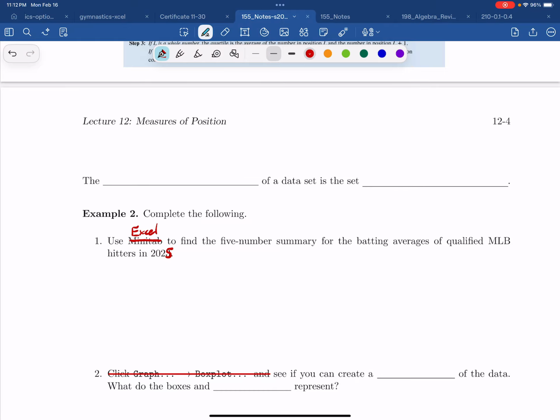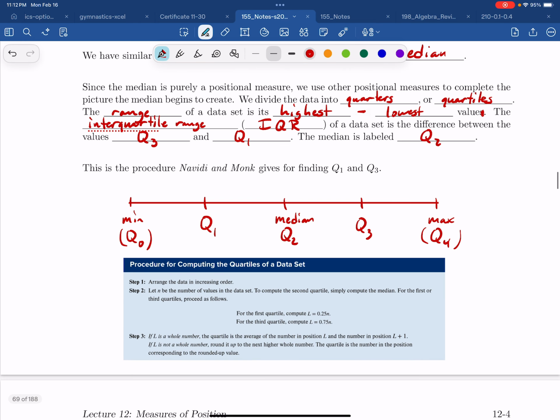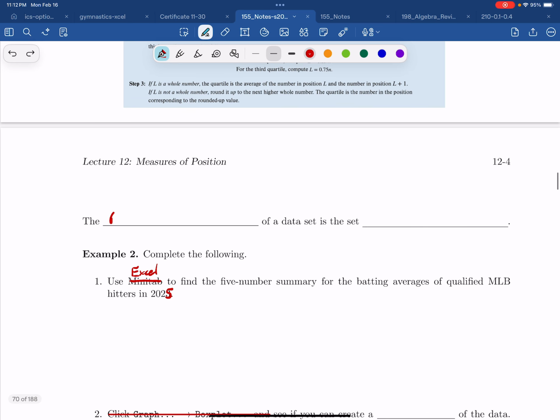Now, anyway, another important thing: you might notice that there are 1, 2, 3, 4, 5 values here that are important, and so the 5 number summary of a data set is the set, and really I should say the sequence, because it is ordered.